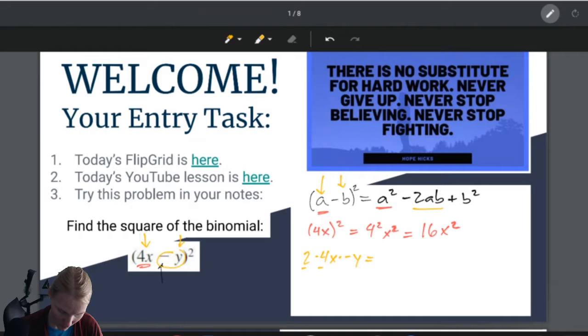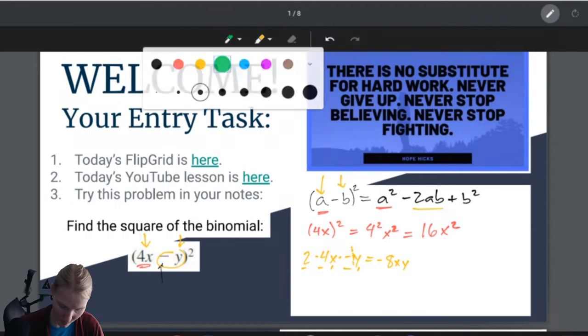And remember there's an imaginary 1 here. So that's like a negative 1. So we'll call it negative 1 times 8 is negative 8. And then, of course, the x and the y have to come along for the ride. Perfect. So that's our second term finished.